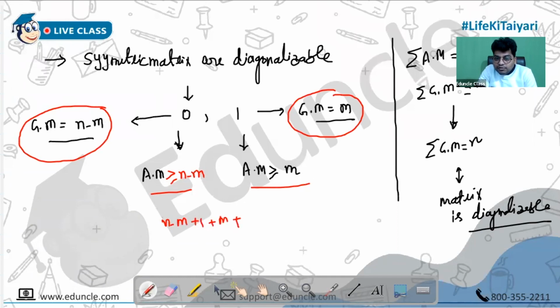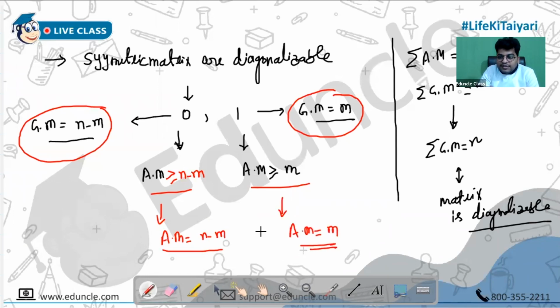So basically you will have n plus 2 as the sum. What will the sum of algebraic multiplicities come to? You will have n plus 2, but this must be n. So can I say that here also the algebraic multiplicity must be equal to m and n in this case only.